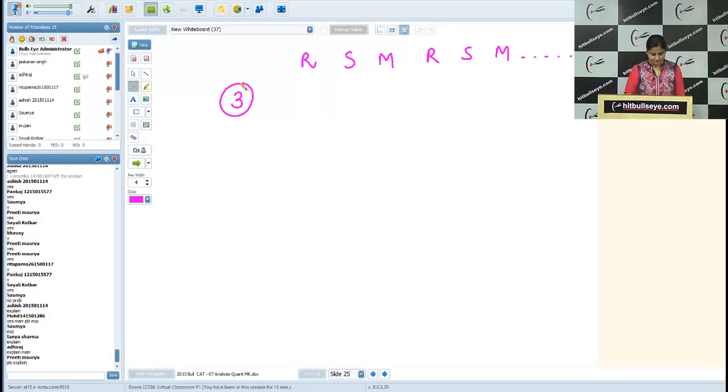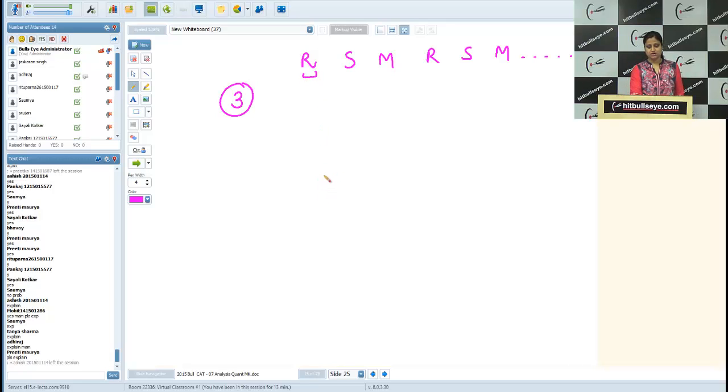So let us start with Ram. Ram can take either 1 stick or 2 sticks, that is mentioned in the question. Whatever he takes, Sham will always win.